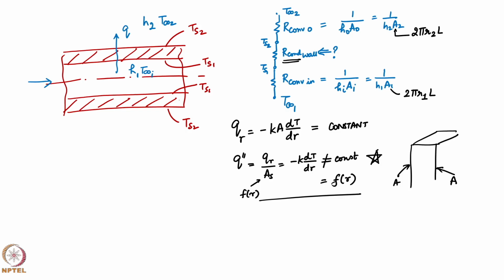Heat flux depends on the area available for heat transfer, which is the surface area, and therefore Q. Whereas in plane wall, at steady state, Q is constant, Q double prime, which is Q divided by A surface, is also constant. Both these are constant, whereas here only heat transfer rate is constant, heat flux is not a constant.